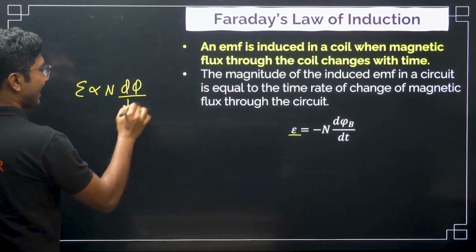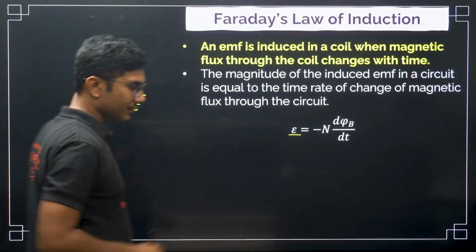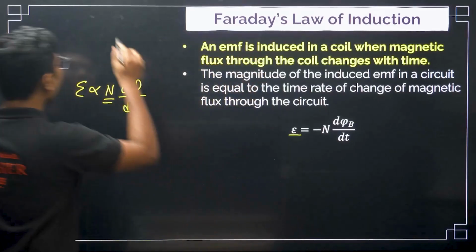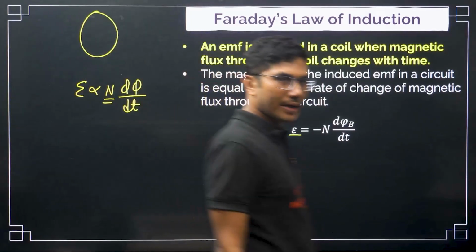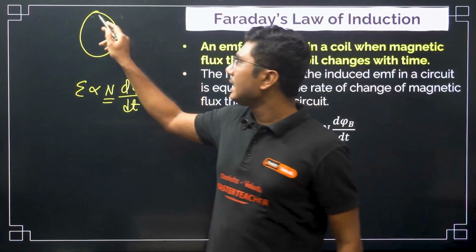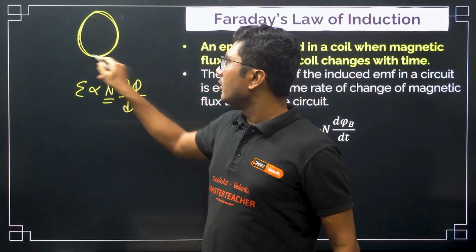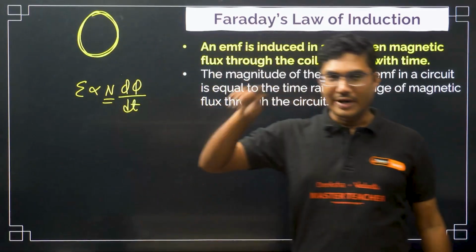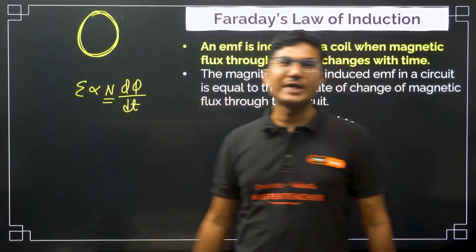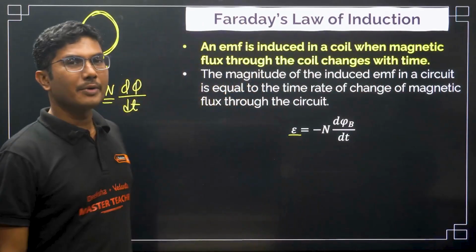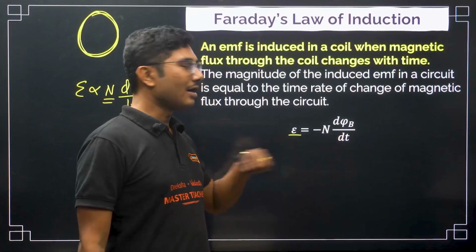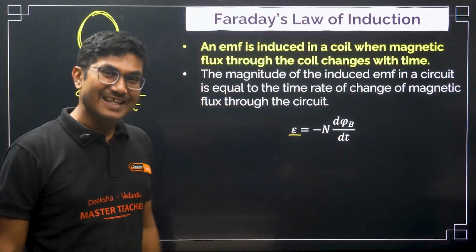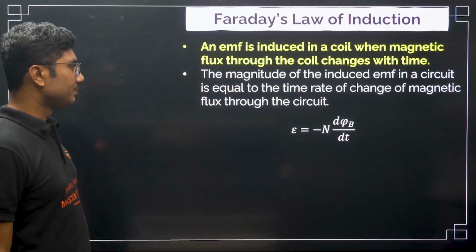Now what is this n? n is the number of turns. If you have only one coil with one turn, then n equals 1. But if you have say 10 coils wrapped around, then n equals 10. n represents the number of turns, phi represents magnetic flux, and d phi by dt represents the change in magnetic flux.